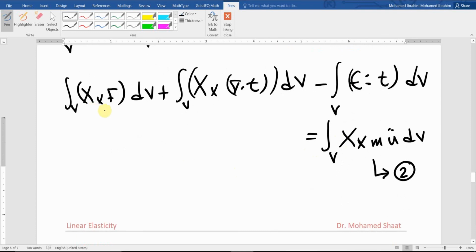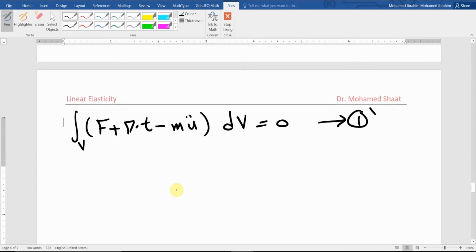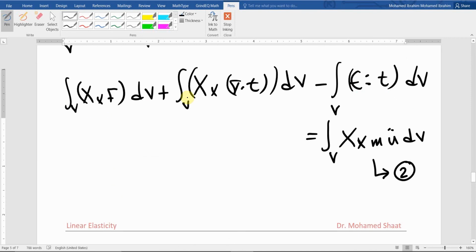So I'm going to collect x cross f plus x cross nabla dot T negative mu double dot. I'm going to move this one to the left side. If you moved this one to the left side and collected all of these three terms together, you can have the x as a common factor, right?